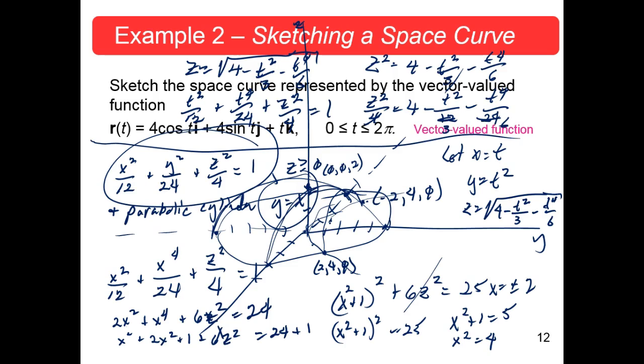And then from this, that you know has to be true, y is equal to x squared, then y is equal to t squared. Then you put those in for your x's and y's here, and then solve for z, and that gives you the z we just came up with. Okay. So that's the procedure. Not pretty, but doable.